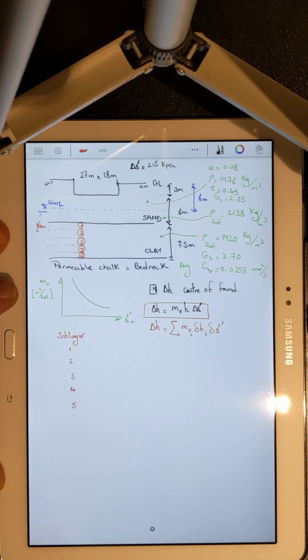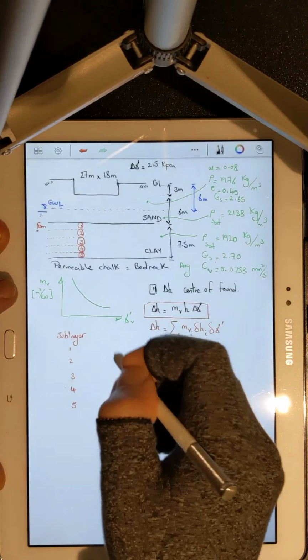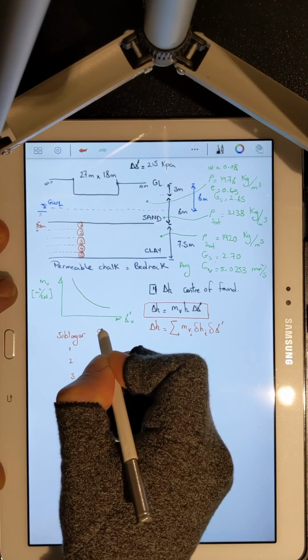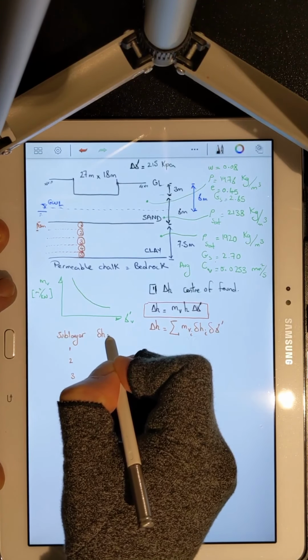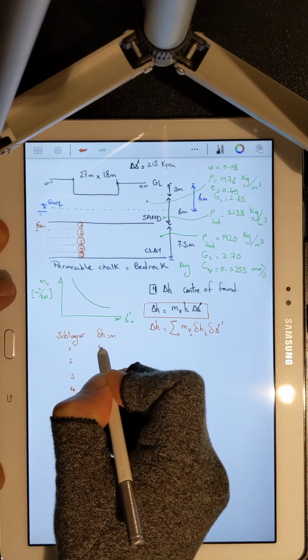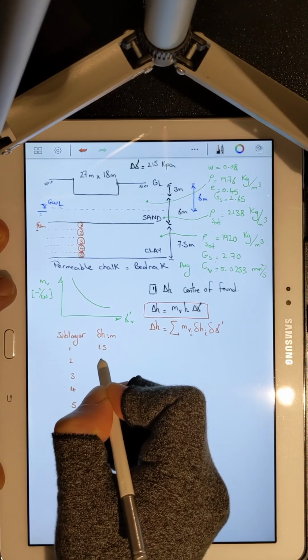I can say that the thickness of each sublayer, that's delta H in meters, is 1.5 meters. Ditto.